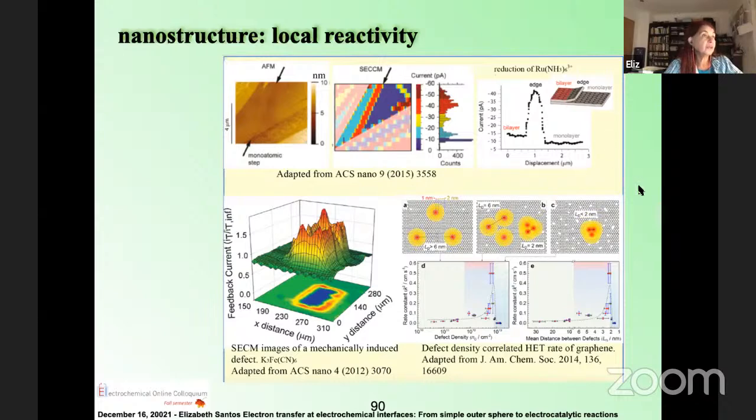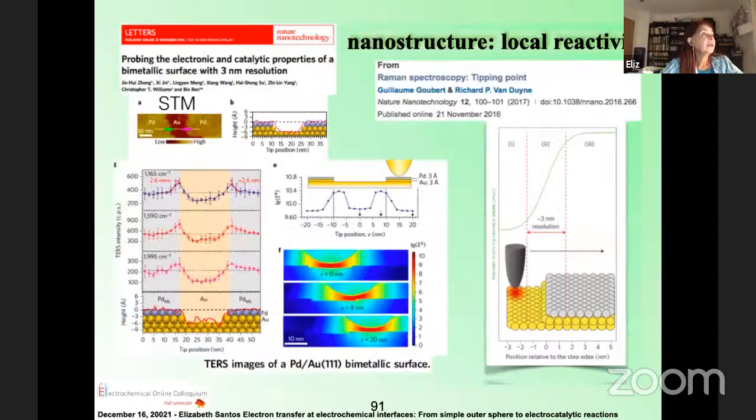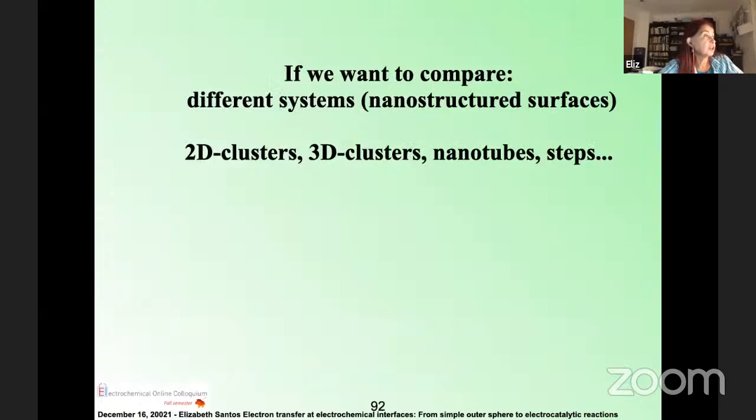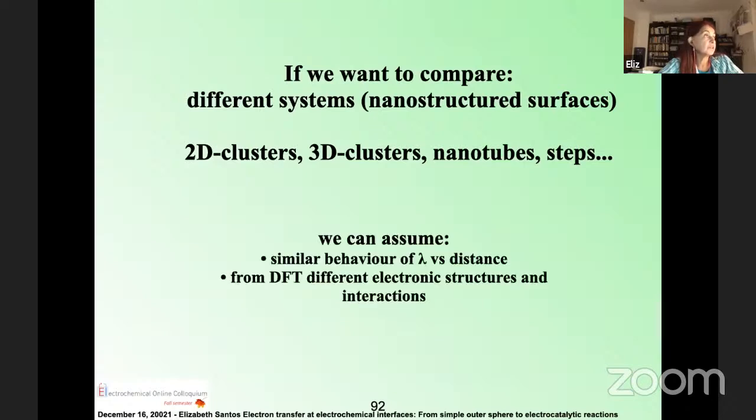We can use different methods, obtain STM or a spectroscopic method, and measure exactly what happens at a given place of one nanostructure. And then it is interesting to compare with the theoretical calculation for this nanostructure.